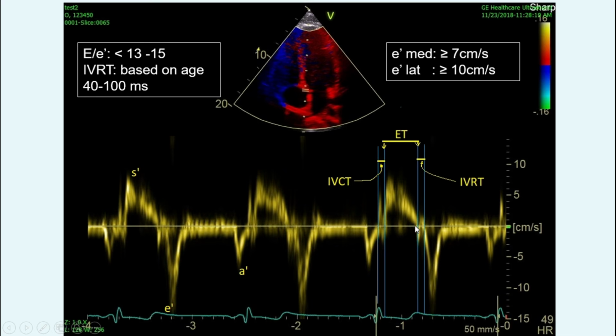The time between this closing aortic valve and opening mitral valve is isovolumetric relaxation time, and it is right before E prime and after S prime. The time between these two is ejection time, and by measuring all these three parameters, we can calculate the TEI index.